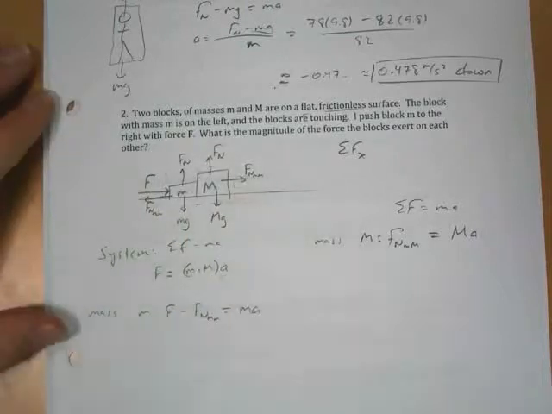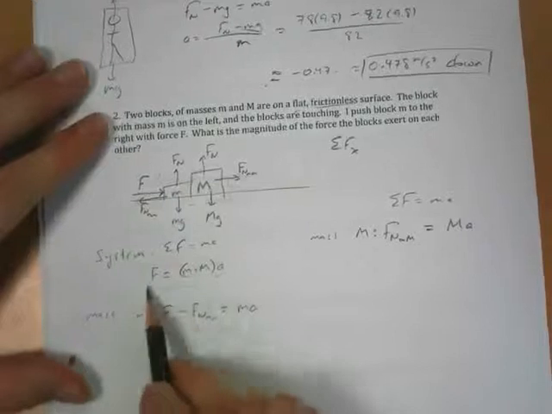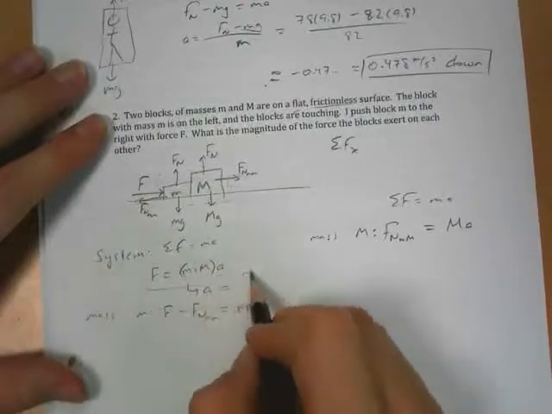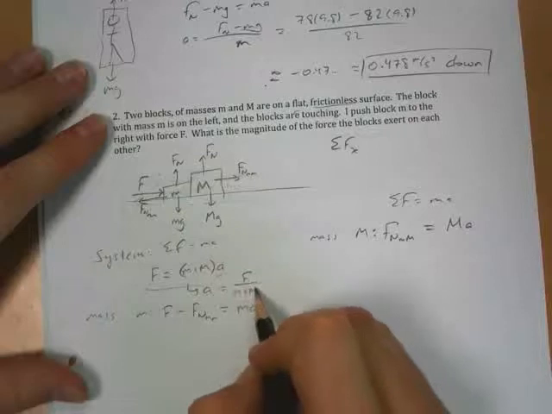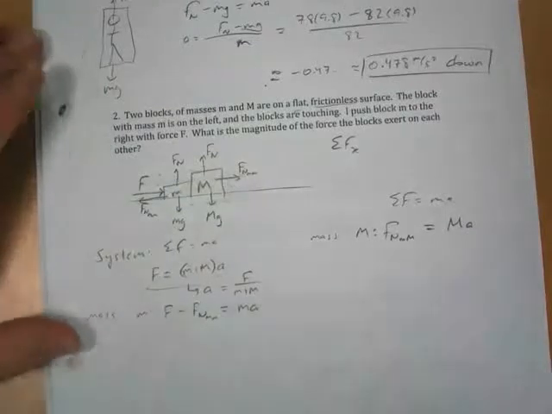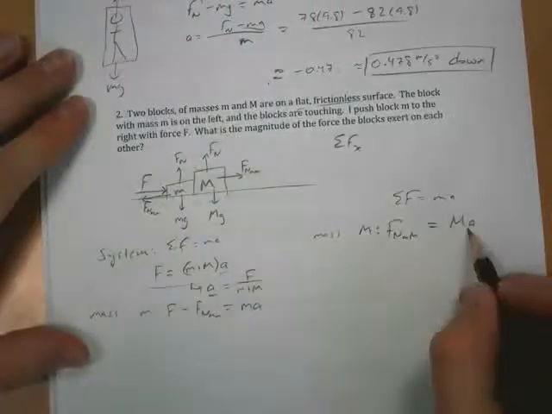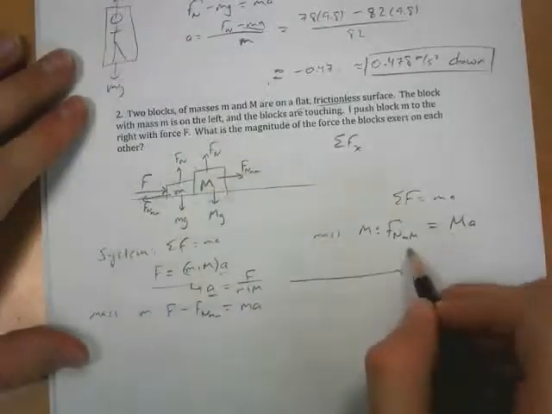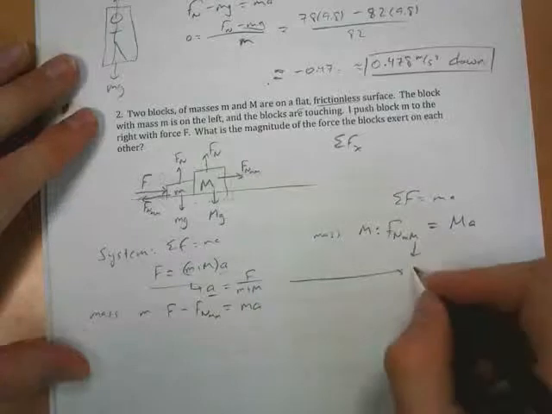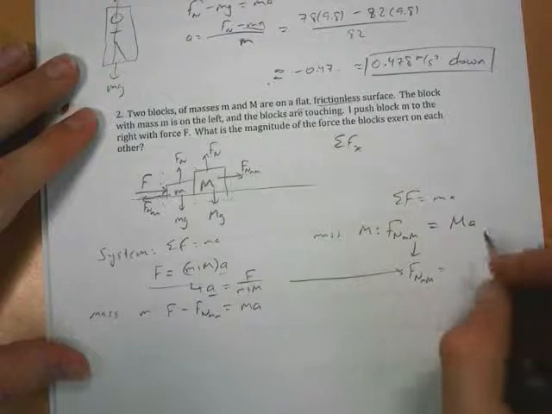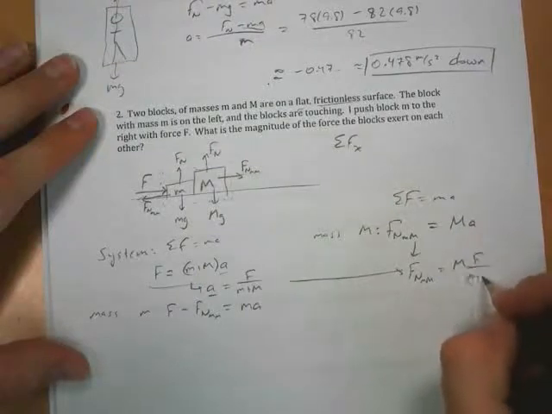So if I look at my system, I can see that the acceleration of these two blocks is F over big M plus little m, and that is the same thing as the acceleration of either block. So if I combine that with this equation over here, I can say that this normal force the blocks exert on each other is equal to big M times F over big M plus little m.